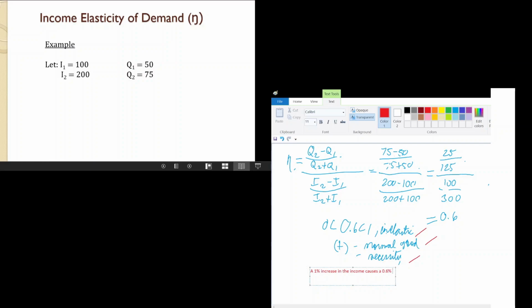So, yung 0.6% came from the computed value. Increase or decrease. So, tignan ulit yung given. Yung Q1 natin is 50. Naging Q2 75. Therefore, nag-increase. So, it causes a 0.6% increase in the demand. Okay? So, apat na interpretation.